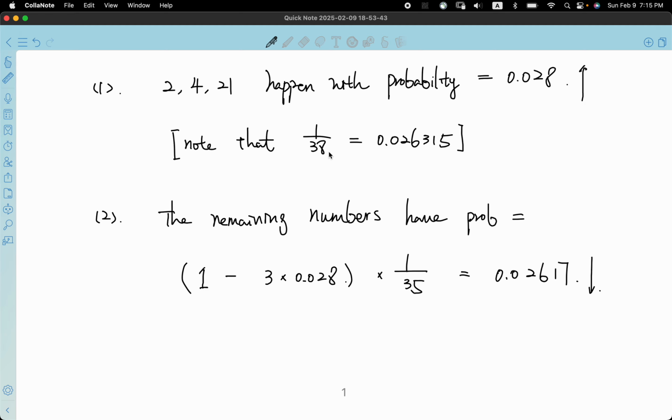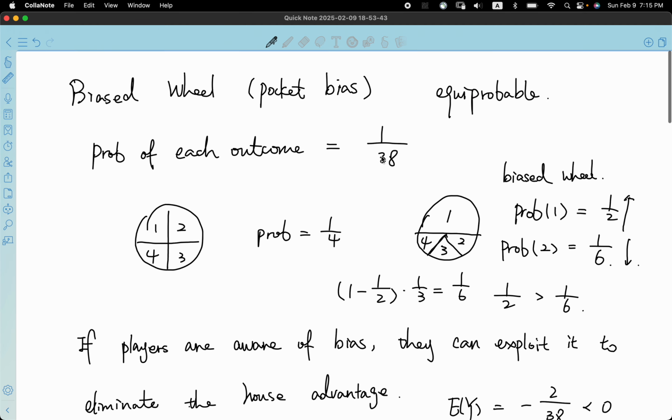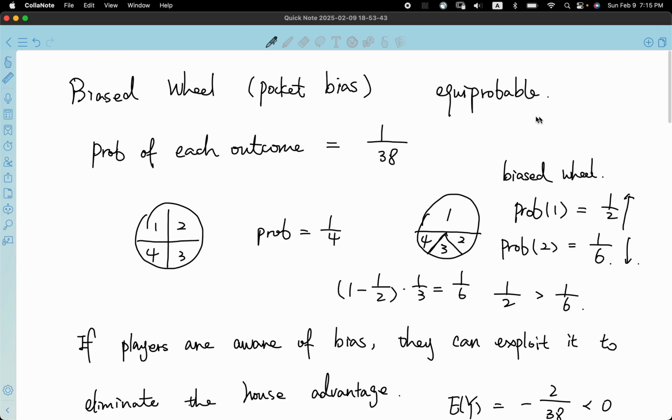Just to summarize, previously we have been talking about the probability under the equal probable assumption. Considering a circle, you divide it into 38 pockets, so each of them has a probability of 1/38.